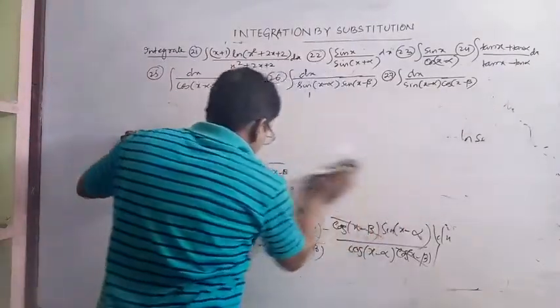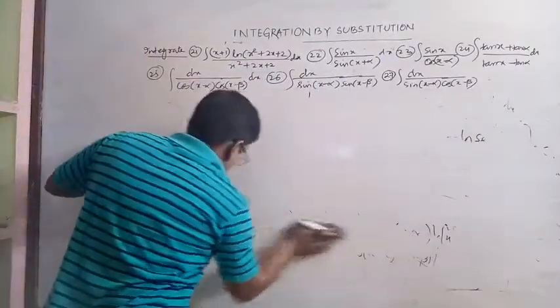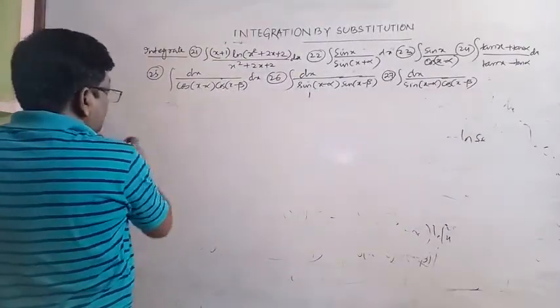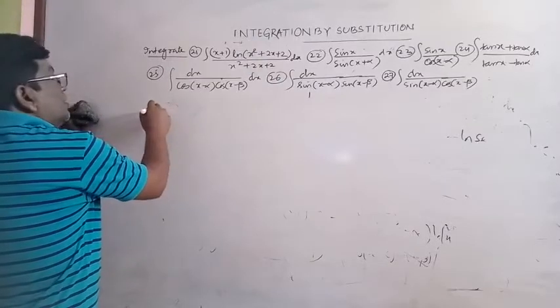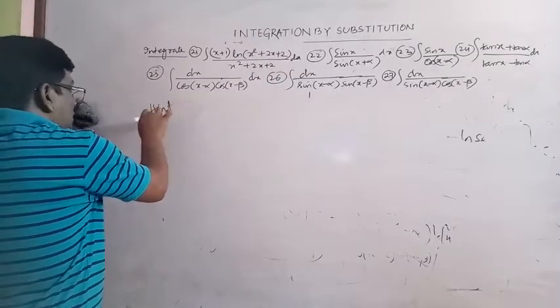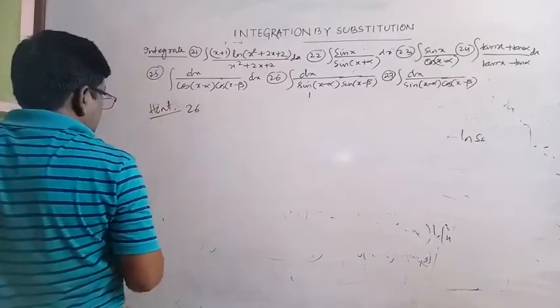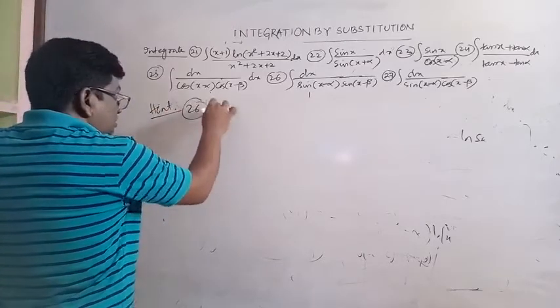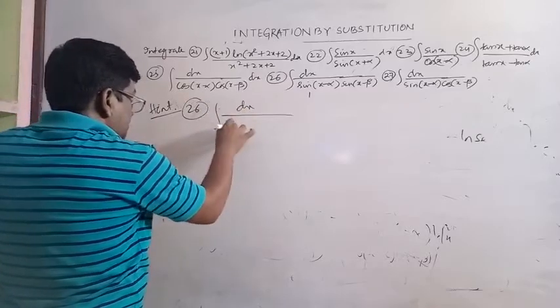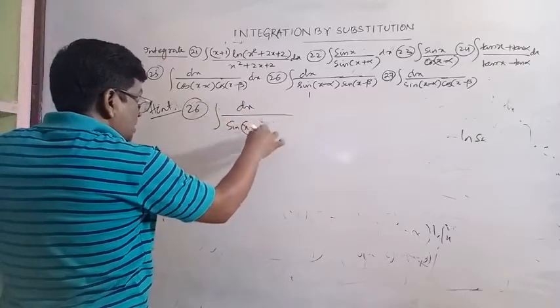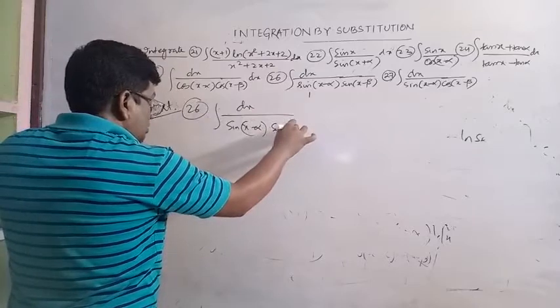Same process. Question number 26, either sine or cos. This is equal to dx by sin(x − alpha) into sin(x − beta).